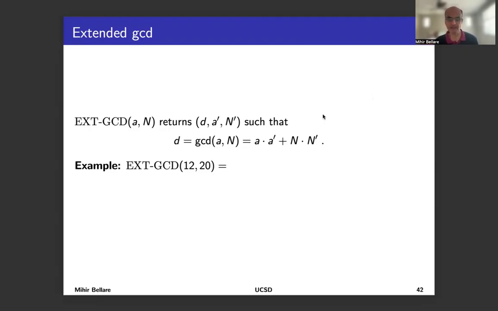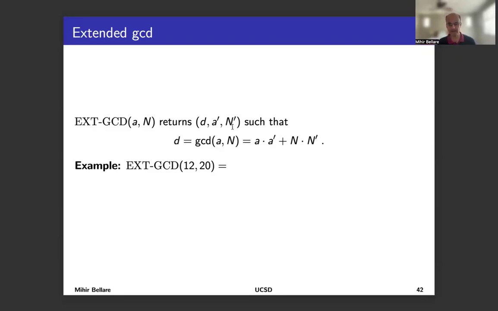So what is that? Remember that the GCD algorithm, which when run on two integers a and n, would return the greatest common divisor, which we call d. What the extended GCD does is in addition return two numbers that we call weights.